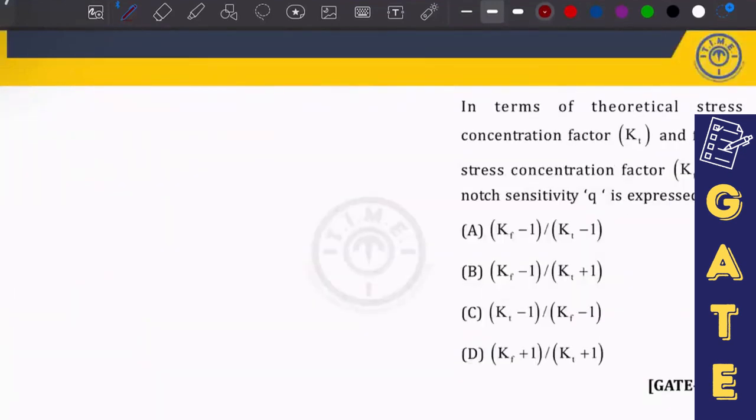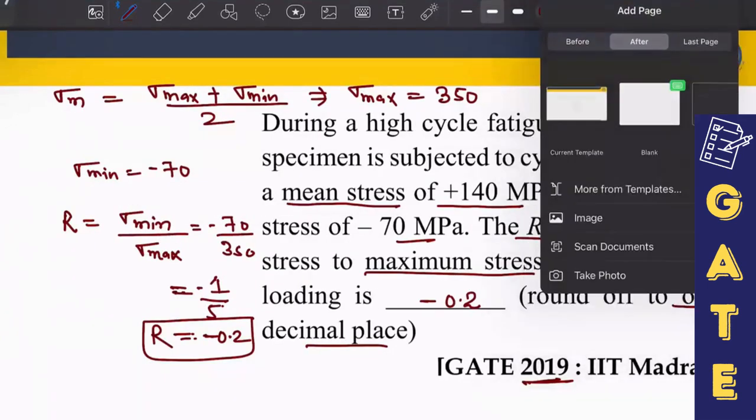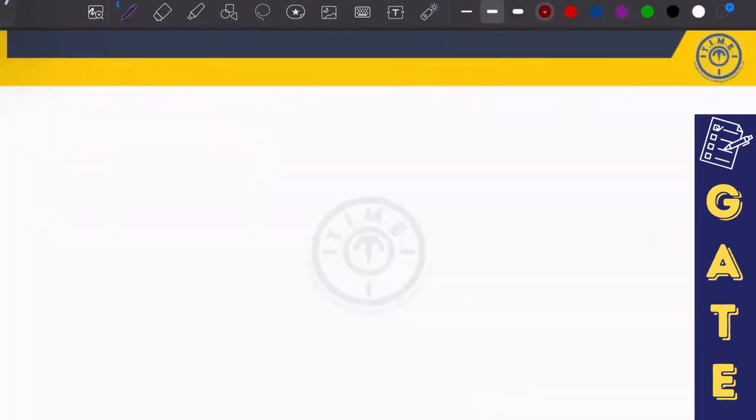Now, one more question based on the theoretical stress concentration and fatigue stress concentration factor. Let me first discuss these two important relations. As you know, there is a Kt value, which is called the theoretical stress concentration factor.